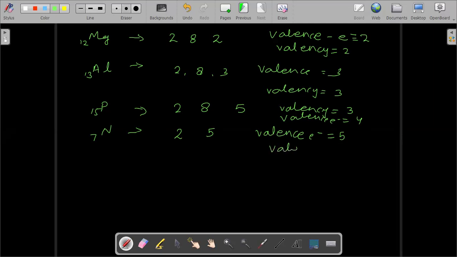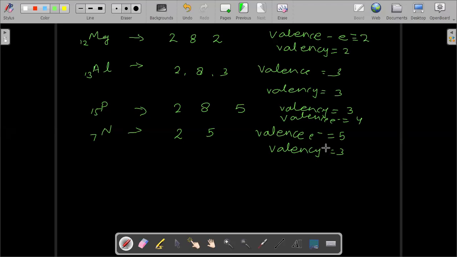Very good. So now I think everyone can find out the valence electron and the valency. Is there anyone who still has difficulty with finding them? No, sir. So I think everyone is clear with the concept.